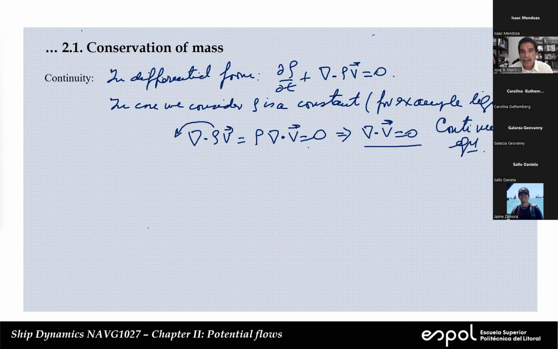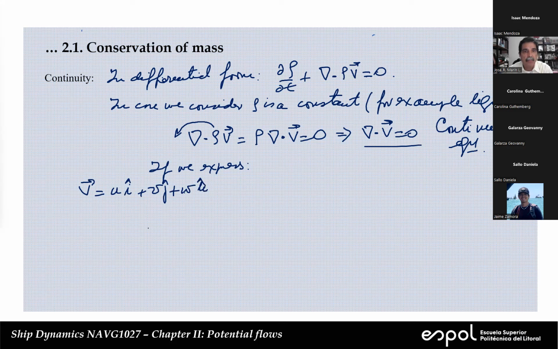Okay, so if we recall the expression for nabla, and v, we can express v as u in the i direction, plus v in j, plus w k.